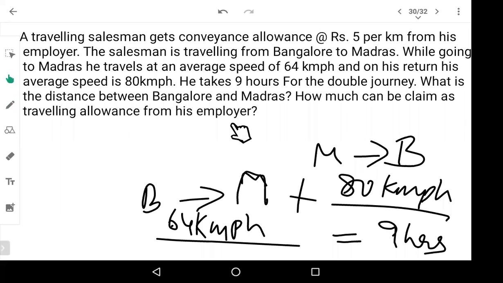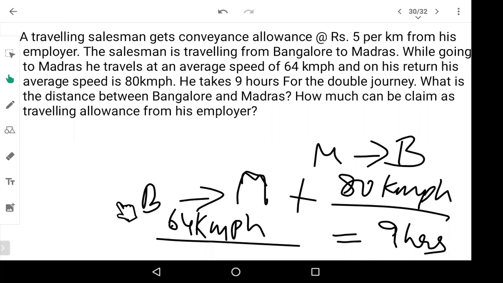Okay, so firstly, did you all understand the question? There is a salesman going from Bangalore to Madras at the speed of 64 kilometer per hour, and while coming back to Bangalore, his speed of the bike or car, whatever it is, is 80 kilometer per hour, and he has taken 9 hours in total to go to Madras and come back.